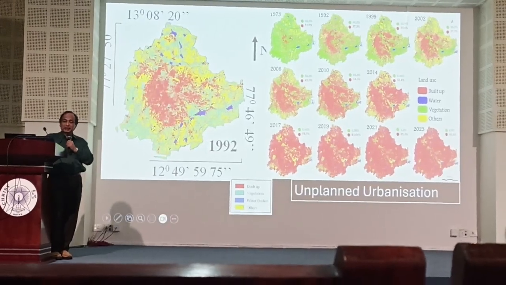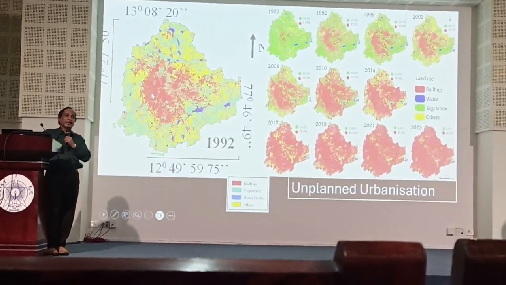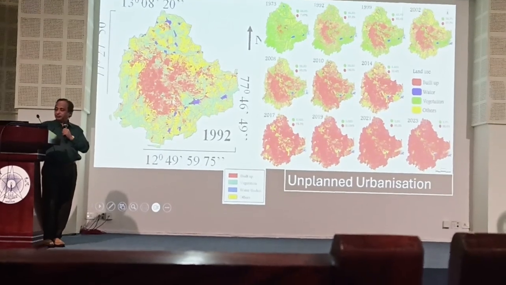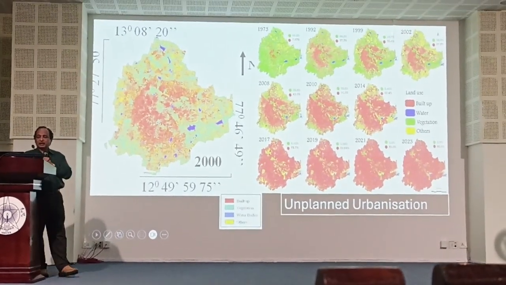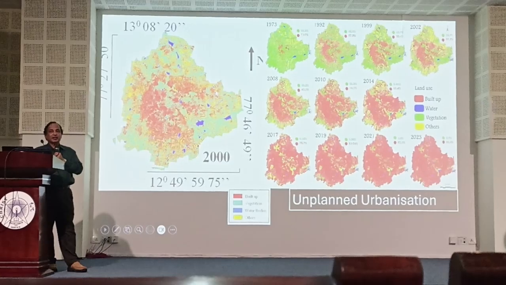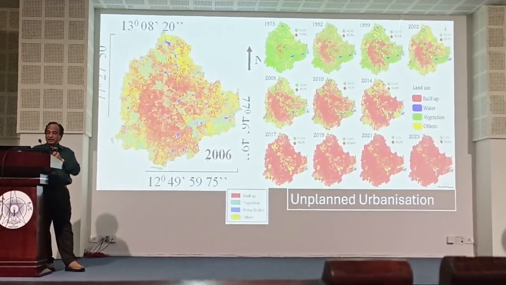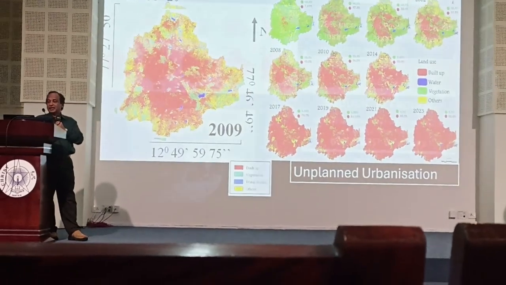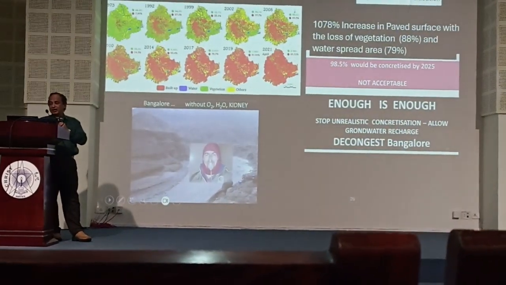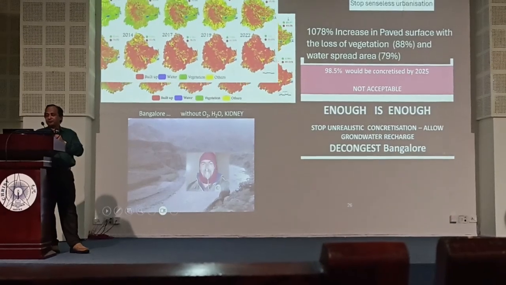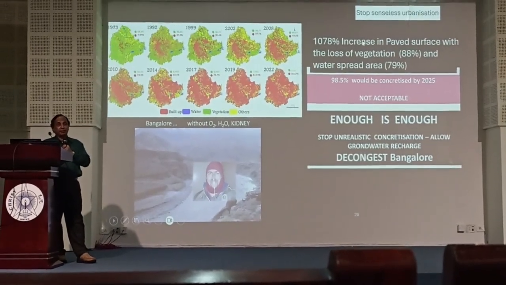By 92, you see the changes in the land cover, industries started coming up. By 99, 2000, at the outskirts you see changes happening with Infosys and Wipros coming up there. Then intensification, 2009 further intensification, and today there has been a 1078% increase in paved surface.